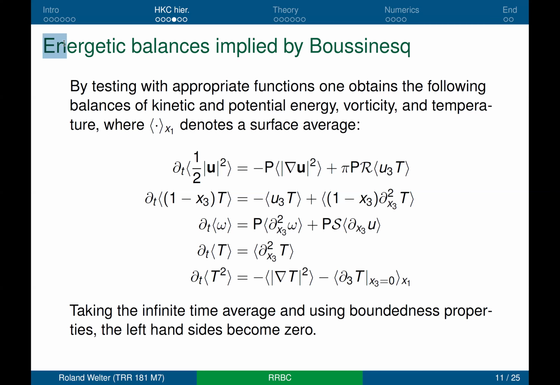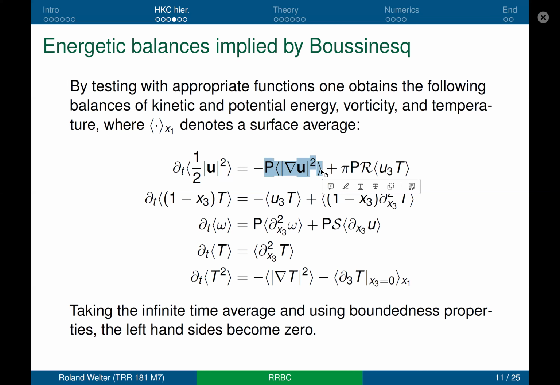And what's important for us in choosing our models is the energy consistency. That's the goal of this TRR. The energy balances that are implied by the PDE are as shown here. This first energy balance represents the time evolution of the kinetic energy.